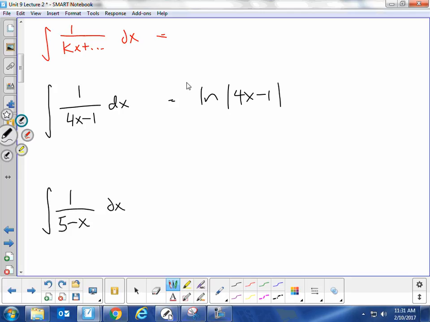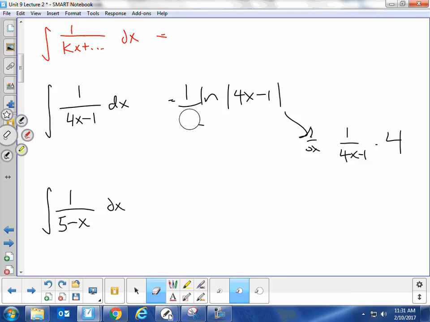Because remember, if I took the derivative of this, I get 1 over 4x minus 1 times 4. I need the reciprocal of the coefficient of x. Just like I did for e to the 4x, just like I do for the sine of 3x, if you're taking the antiderivative, you need the reciprocal. You need the reciprocal of the coefficient of x.